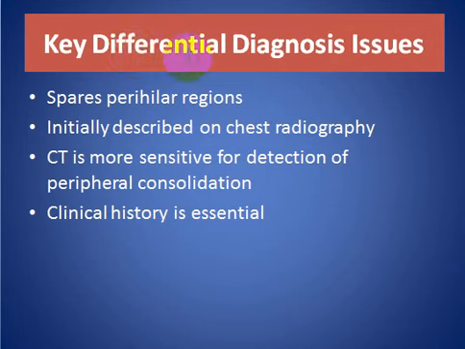Key differential diagnostic issues: it spares the perihilar regions initially described on chest X-ray, and CT is more sensitive for detection of peripheral consolidation. Clinical history is essential for giving the diagnosis.